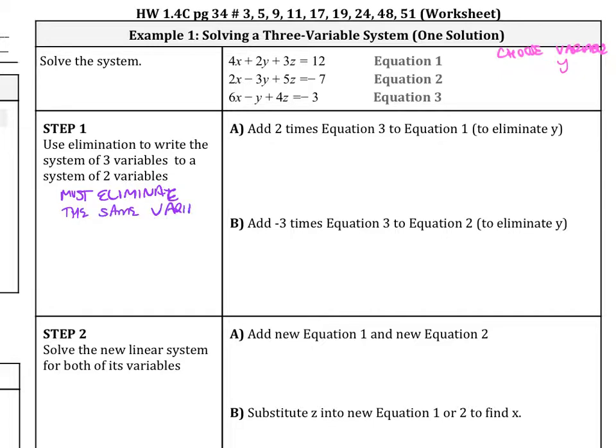So once I pick 2 equations to eliminate the y value, I need to eliminate the y value again. So in this case, we're going to eliminate y. It's not always the case, but in this case it is a y. The other thing you must do is you must use all 3 equations at least once. Okay, you must use all 3 equations at least once.